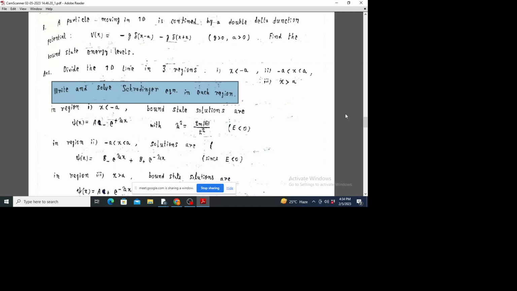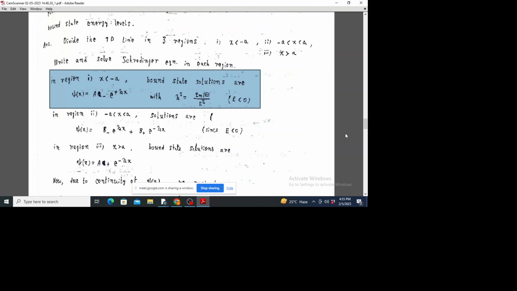There is also a discontinuity in the derivatives of the wave functions due to the discontinuity in the potential, which we have seen in the previous problem. We need to use those relations as well, and then solve for the energy. So that is the algorithm. We have divided the space, and now we have to write the Schrodinger equation in each of these regions.